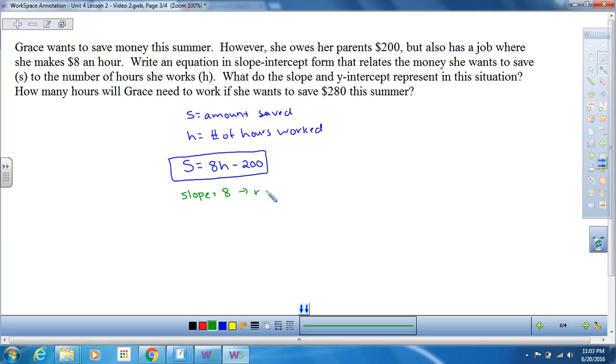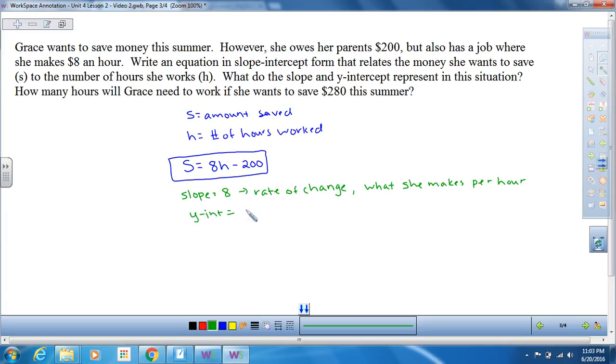So this is like her, we also remember call it the rate of change. So we'll say what she makes per hour.